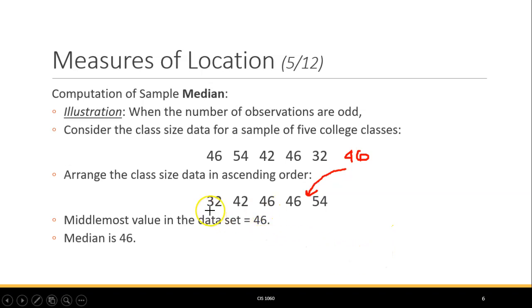So we'd have 32, 42, 46, 46, and then our new value 46 would rest right there, and then 54. Since that makes it an even number data set, we would have to take the two values in the middle and average them, and the average of 46 plus 46 is still 46, so that would be the median for an even number of data points.